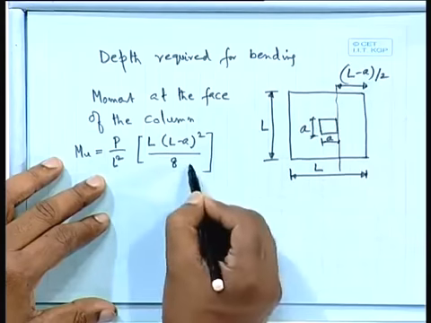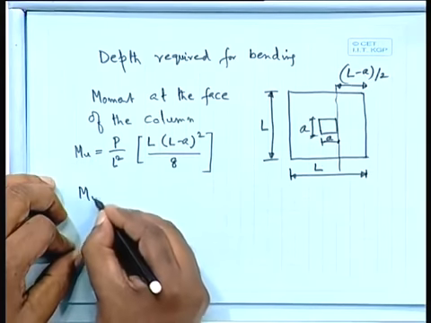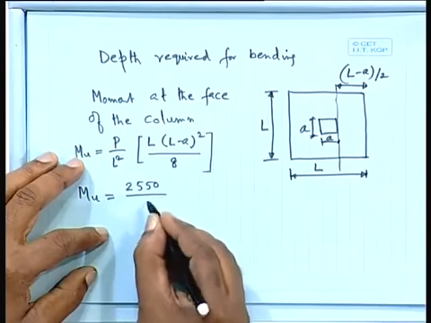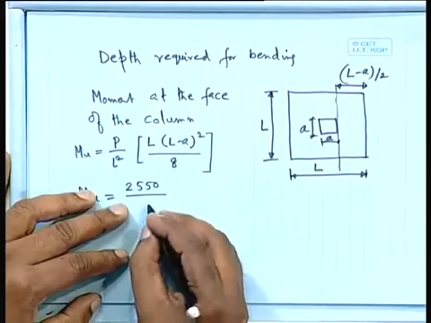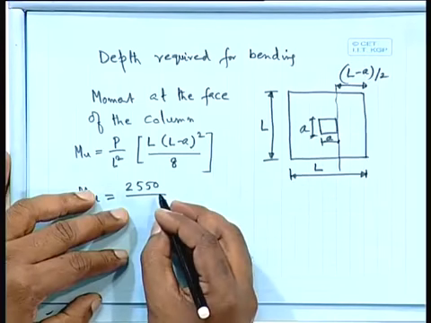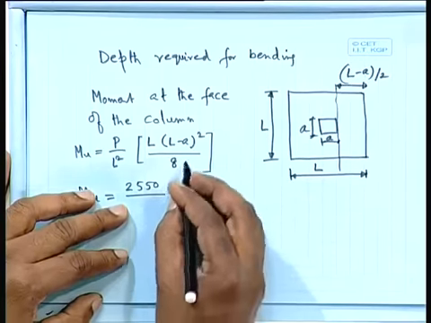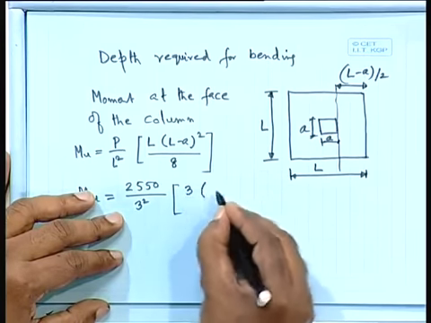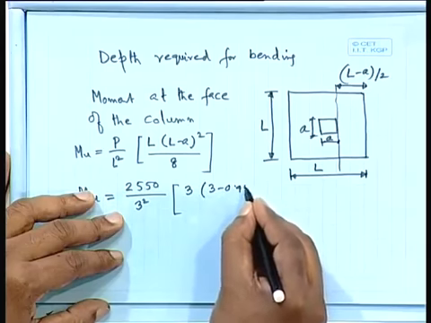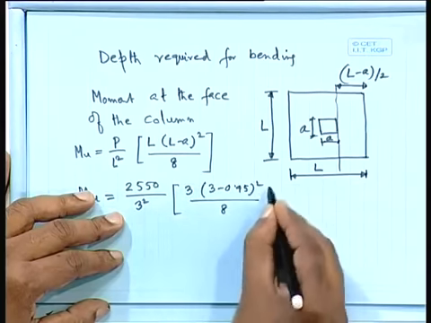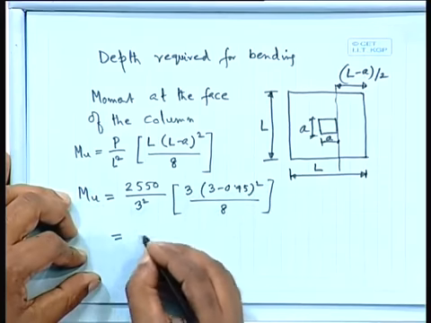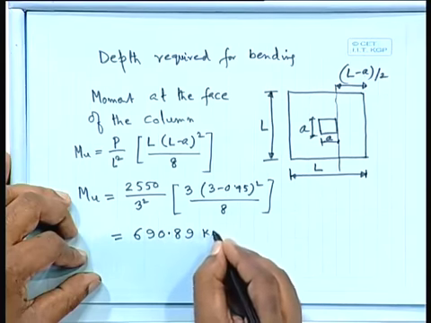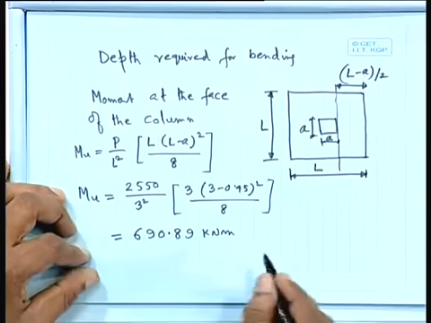So Mu equal to 2550 divided by, let us write down 3 square, 3 times 3 minus 0.45 whole square by 8, which comes as 690.89 kilonewton meter. This is your Mu.